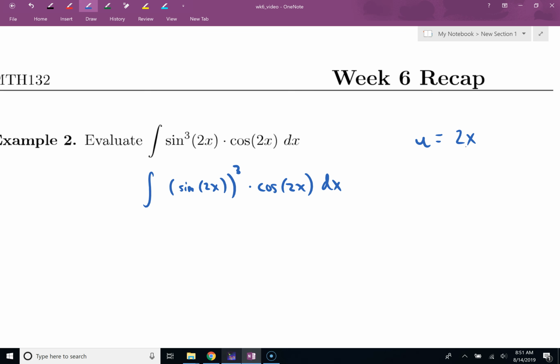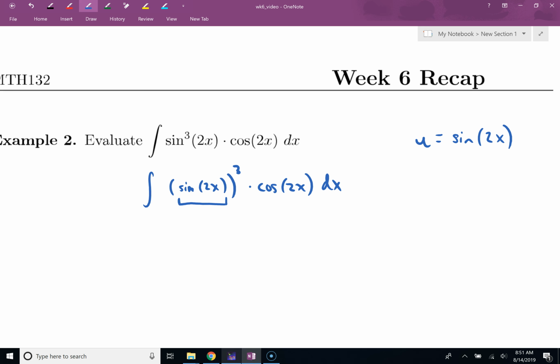In this case, if we select sine of 2x, we only have to use U substitution once, and it all ends up being a bit faster. So I wanted to rewrite it like this just to show you that sine of 2x really is inside of another function, so it does fit this rule of thumb that I told you guys about.